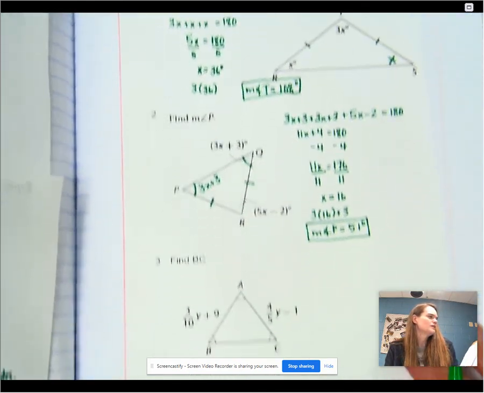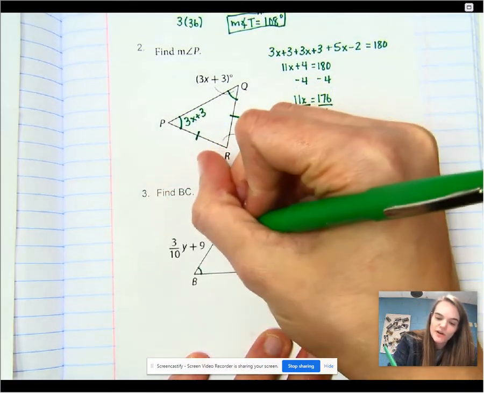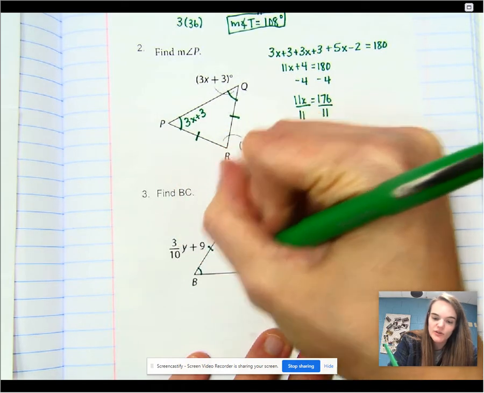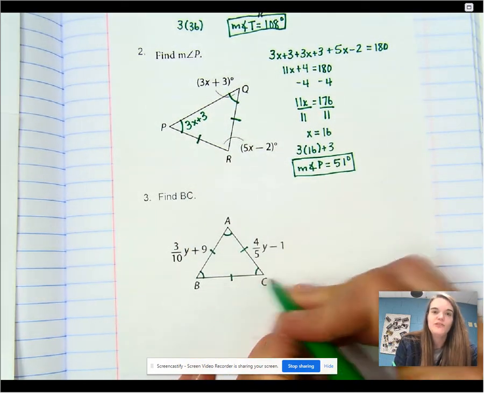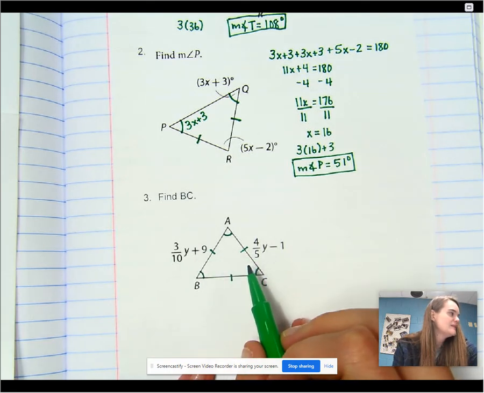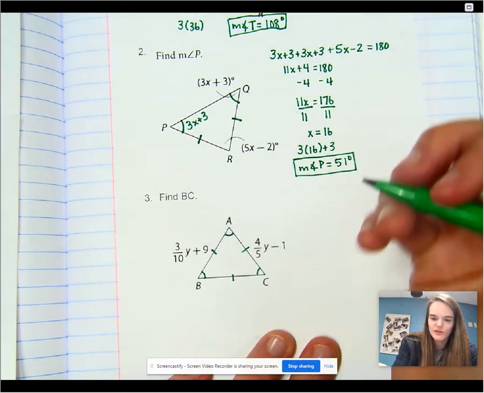Alright, last one here. This shows that there are 3 congruent angles. That means all of these sides are congruent. We're trying to find BC. So we're going to set these equal to each other. We're going to solve for y and then plug it into either one. It doesn't matter which one because all 3 sides are congruent.